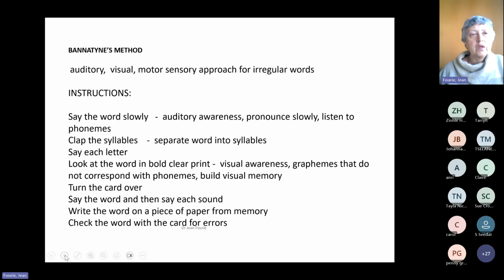clearly imprinted. Another variation is to ask children to use a little whiteboard or a little mini chalkboard. They write on it and show you the word they've written, and then they can easily erase it, and you can practice a lot of words that way.